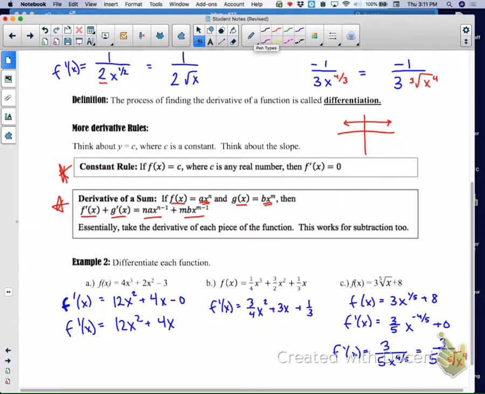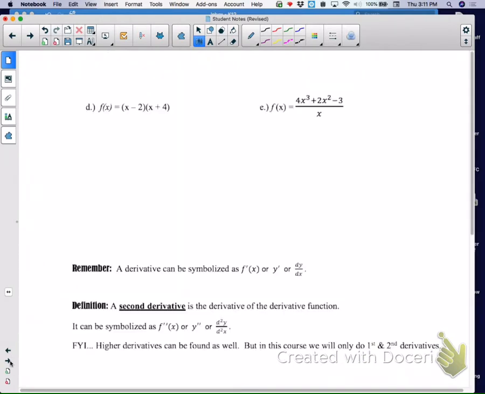Now, just like the last one there, if your problem is not in polynomial form, where it's just a bunch of x's to powers that could be fractions or not fractions, whatever, you need to make it in that form. So for D, I can't do the derivative like that. So I need to multiply that out first.